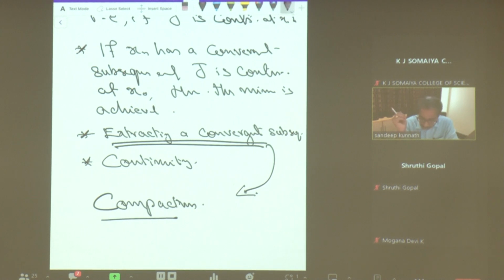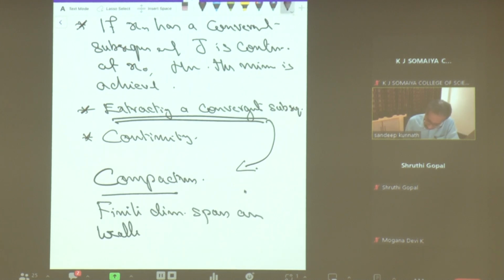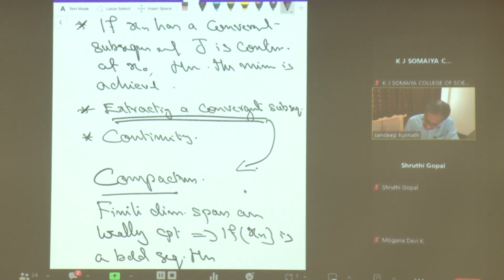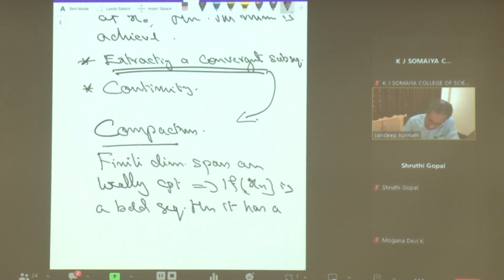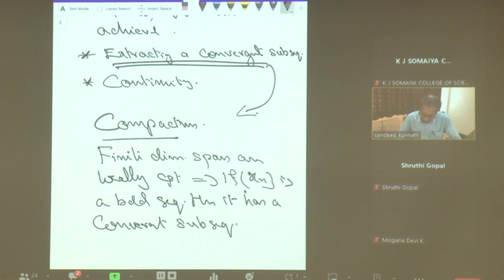For example, finite dimensional spaces are locally compact, and so this implies that if x n is a bounded sequence, then it has a convergent subsequence.